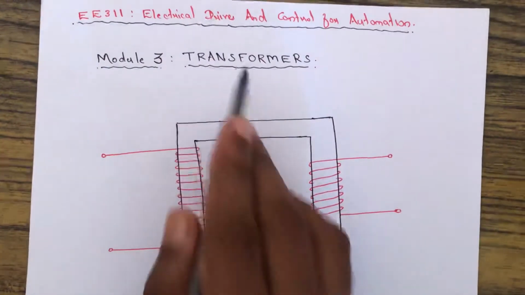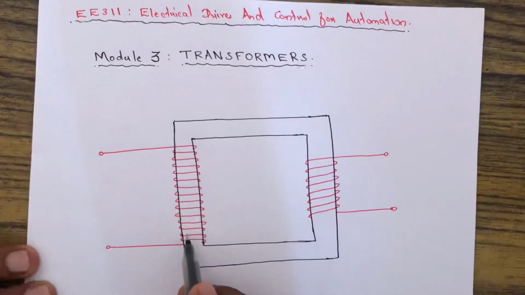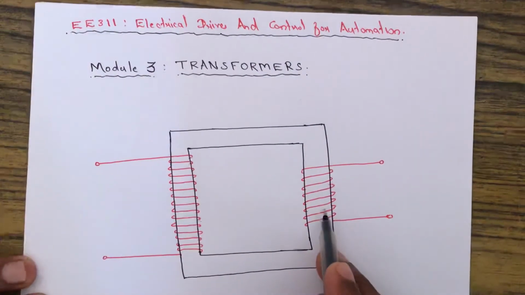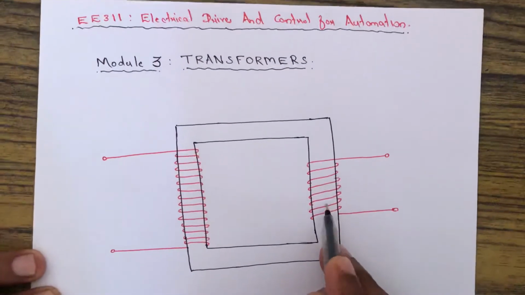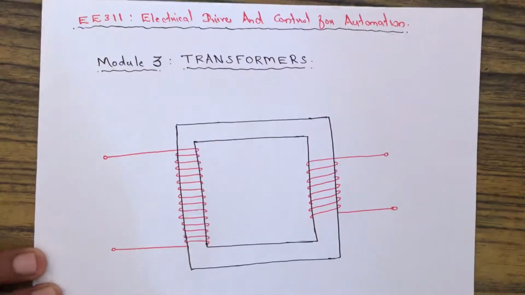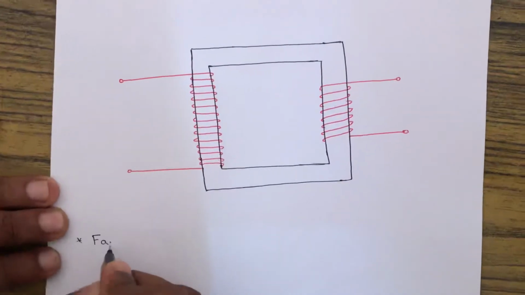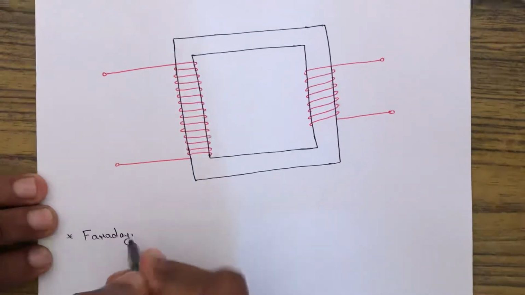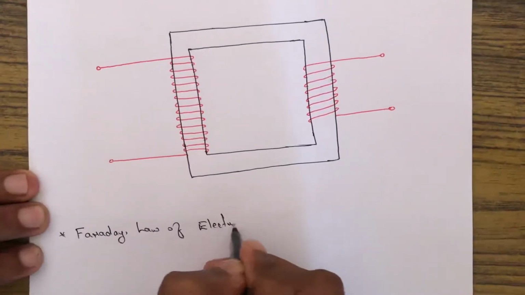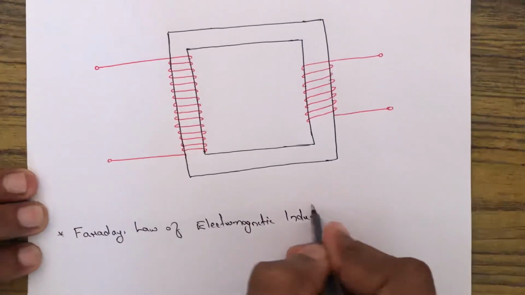A transformer is an AC electrical machine that transfers electrical energy from one electrical circuit to another electrical circuit without a change in frequency. A transformer works on the principle of Faraday's law of electromagnetic induction.